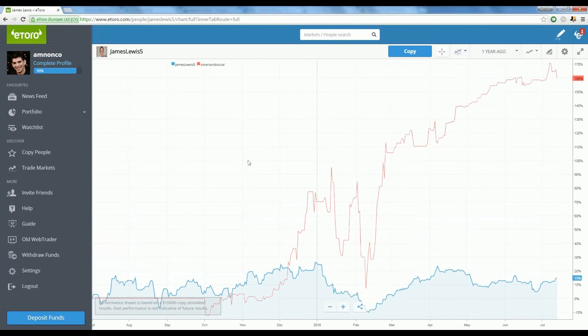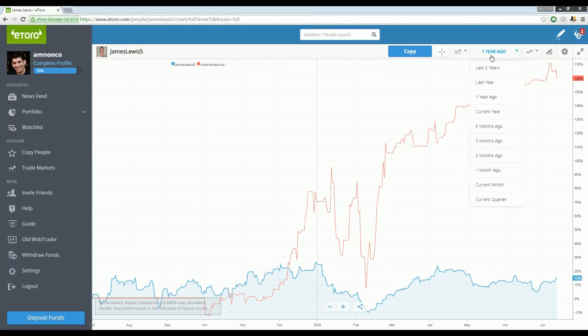It looks like Smart and Social did a better job, right? So you can not only compare the returns and the drawdowns that you get in the discovery, you can actually look at the chart to see that Smart and Social started in October, because the flat line here means he didn't have any open trades, and he made a whopping 160% in 1 year.